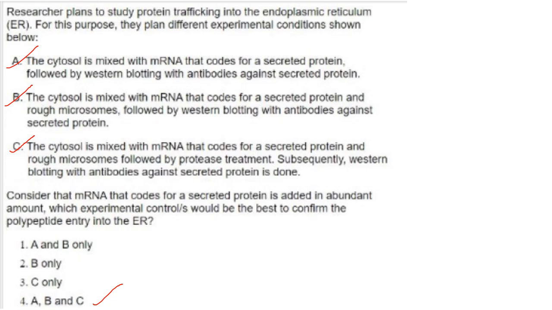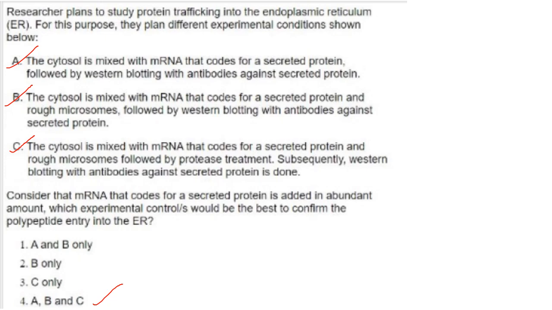Then next one, the cytosol is mixed with mRNA that codes for a secreted protein and rough microsomes, followed by protease treatment. Subsequently, Western blotting with the antibodies against the secreted protein is done. Here also it will enter the microsome.